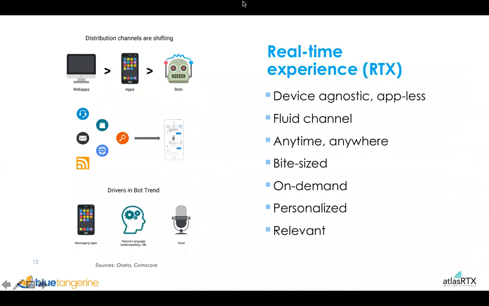If we think about even news, the amount of information that people are willing to process at any point in time has really decreased. So we have to adapt as marketing and sales folks to be delivering our messages in that bite-sized, personalized, and relevant way.